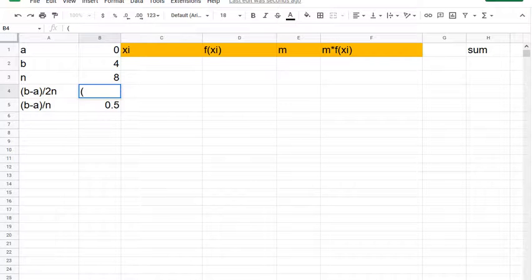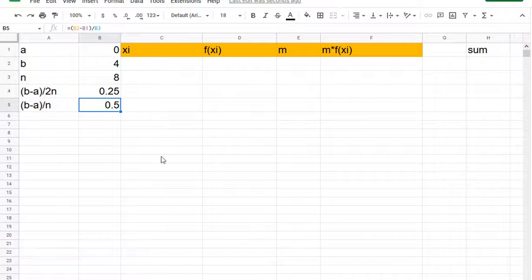So we would do equal, open parenthesis, and then b is in cell B2, minus a is in cell B1, and then dividing by 2 times n, and n is in cell B3, and that will be b minus a divided by 2n.